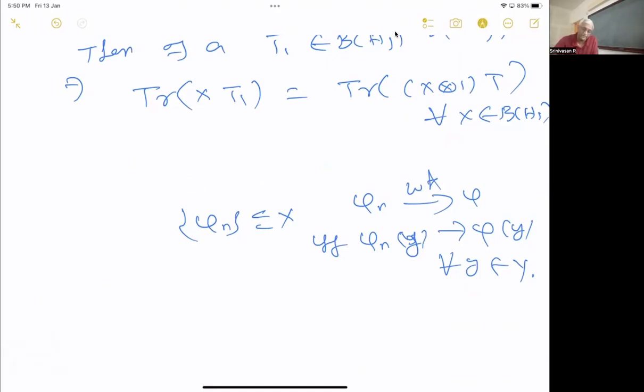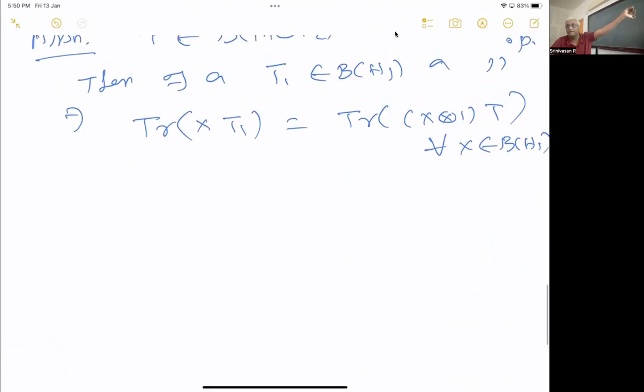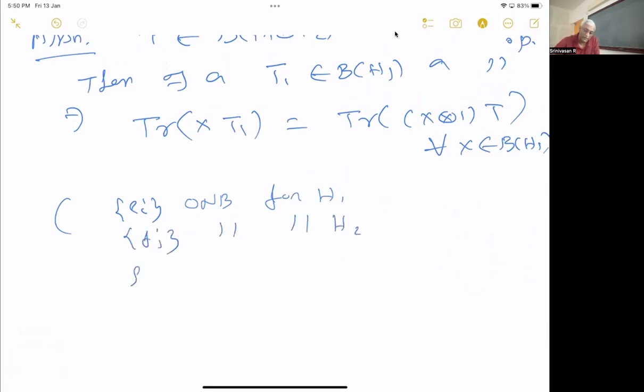Or you can do the other thing: explicitly give that operator T1. Suppose Ei is an orthonormal basis for H1 and Fj is an orthonormal basis for H2. Then Ei tensor Fj is an orthonormal basis for H1 tensor H2. This works for any Hilbert space, finite or infinite dimensional.